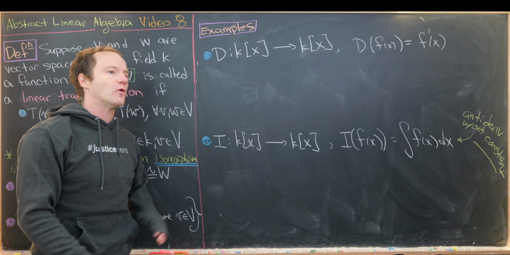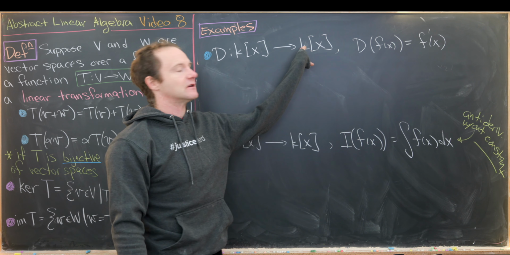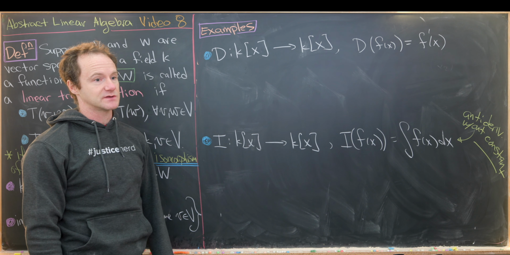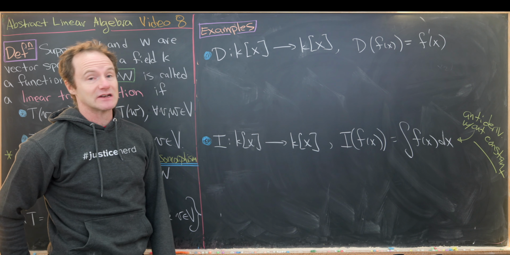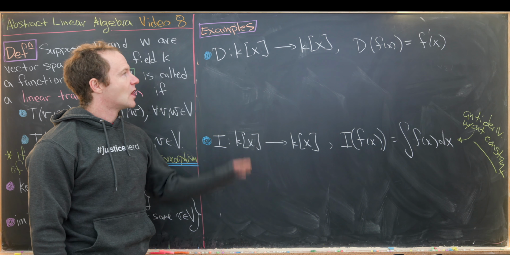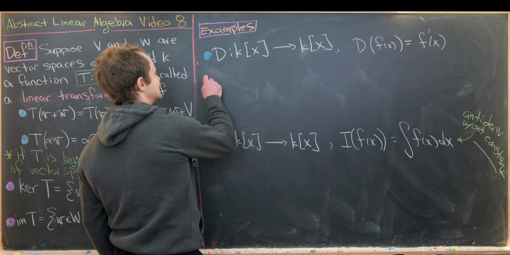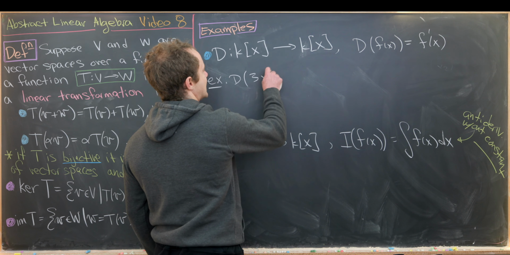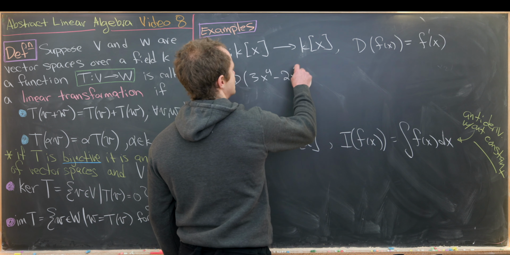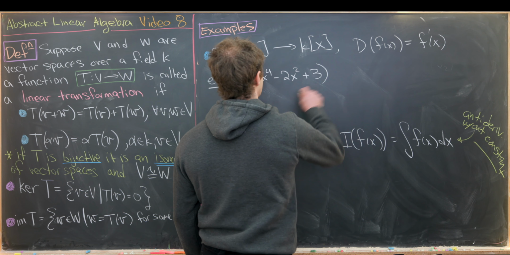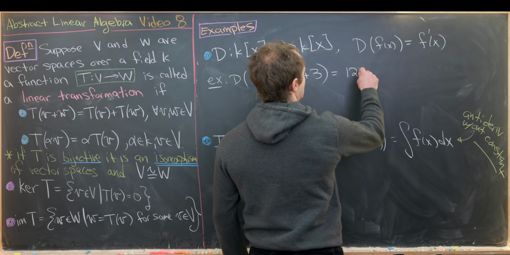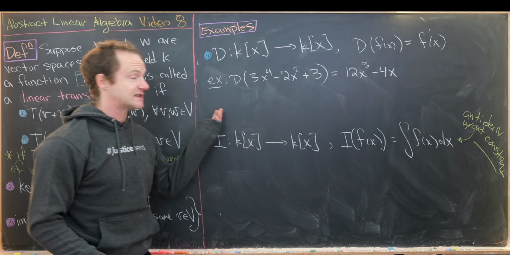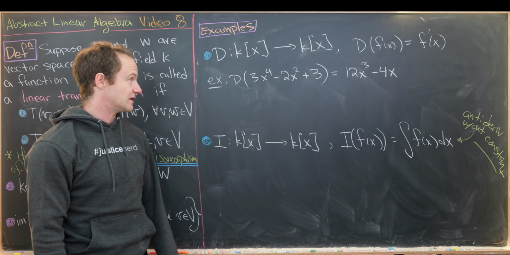I say formal because if this field is not like the real or complex numbers, defining the derivative is a little bit tricky. So for example, D evaluated at 3x^4 - 2x^2 + 3 gives 12x^3 - 4x, just from taking the derivative.